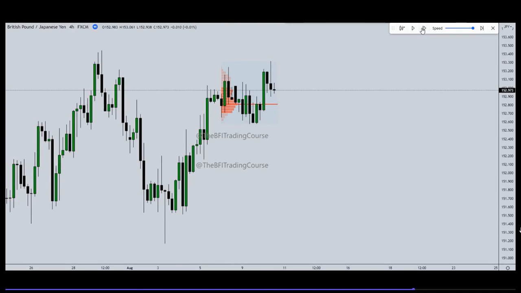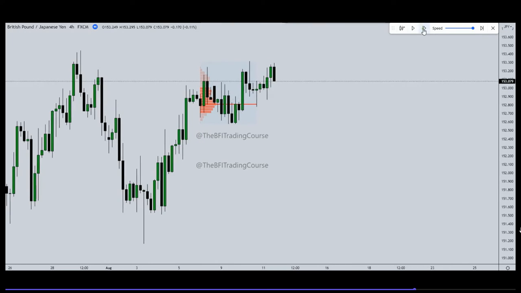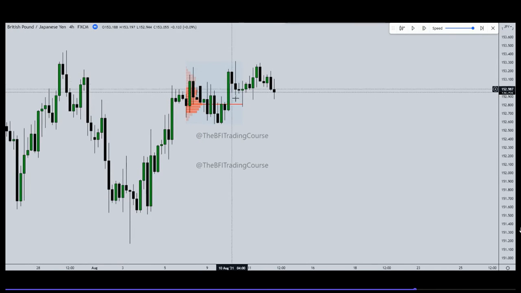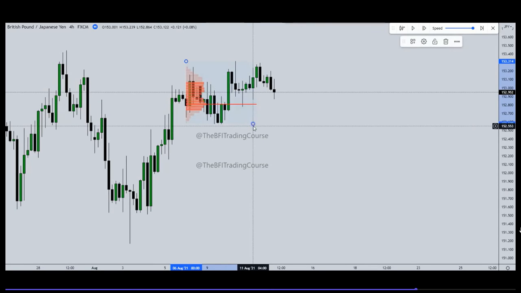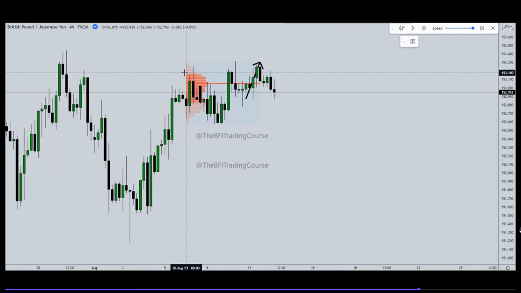Here's our POC. Notice the POC shift here. Next candle, next candle. I need you to see it when it pops outside of the consolidation or the area of the heaviest volume.